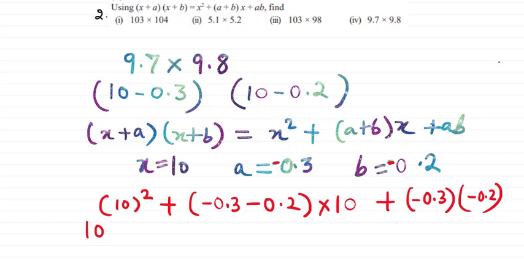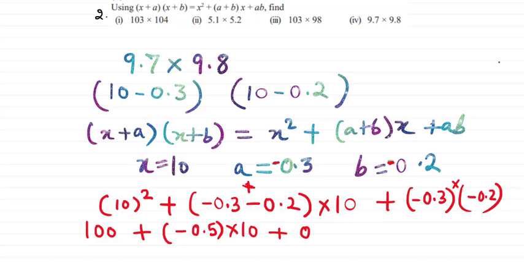Now 10 square will give you 100, plus here minus minus will be minus 0.5 into 10. Then here minus into minus becomes plus, and remember these things: here we are multiplying and in the second one we are just adding them, so the sign will come accordingly.